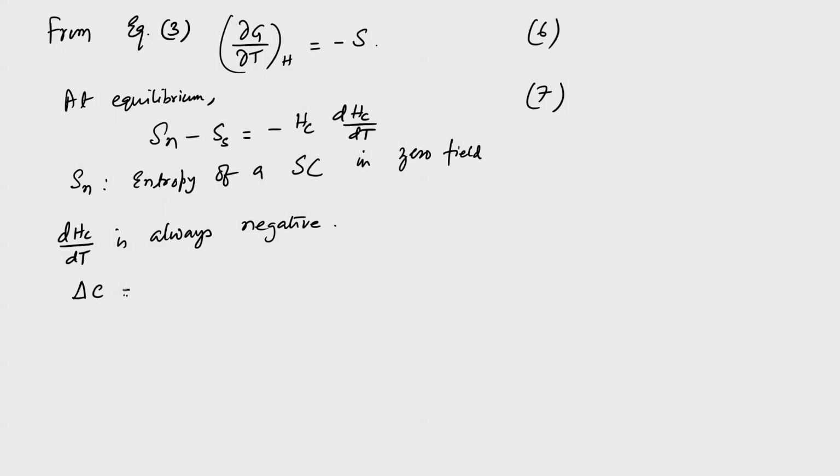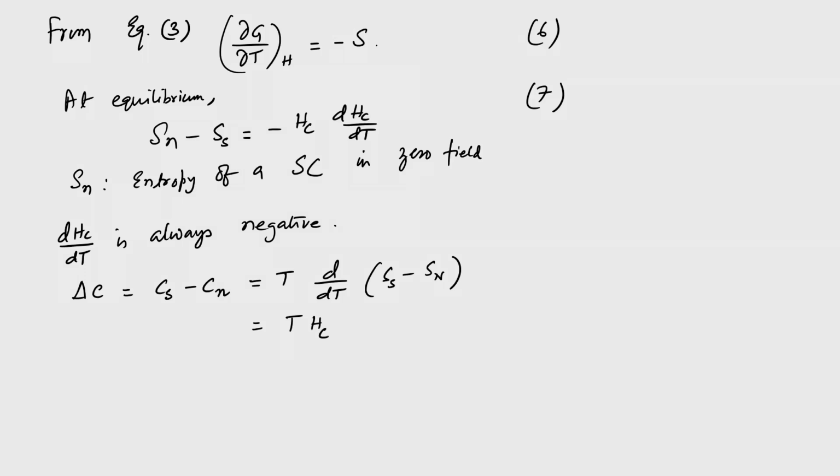And that makes sense, because the superconducting state is an ordered one, whereas the normal state is disordered, and disorder always has larger entropy. Now, to calculate the jump in specific heat, which is defined as C_s minus C_n, where s and n of course stand for the superconducting and the normal regimes, which is equal to T d/dT of S_s minus S_n, and this is nothing but equal to T d/dT of H_c dH_c/dT.